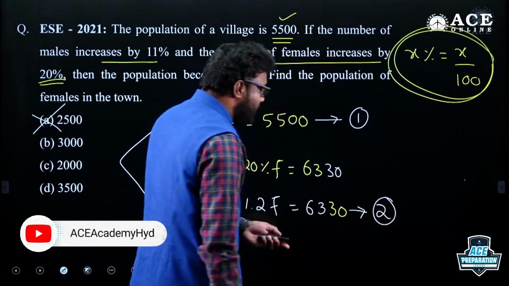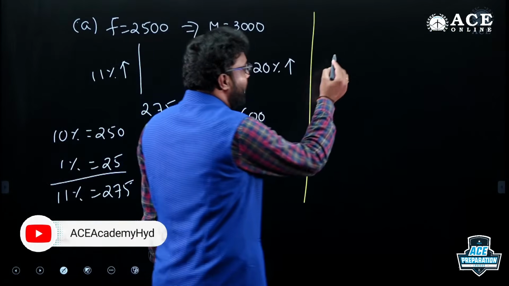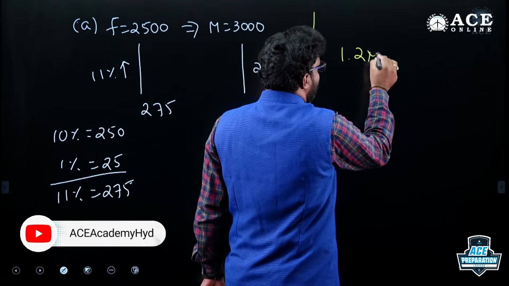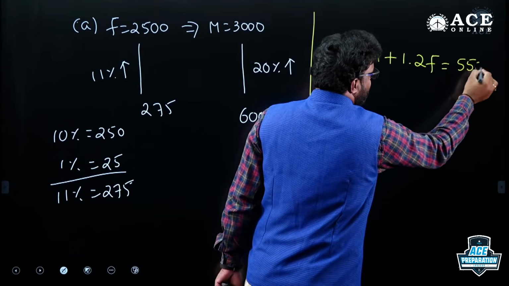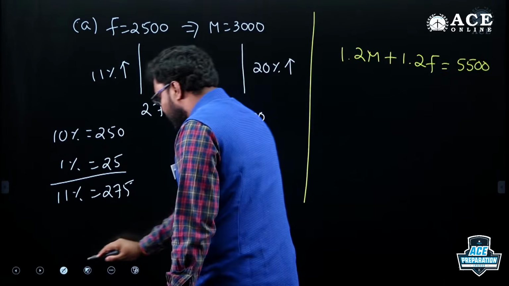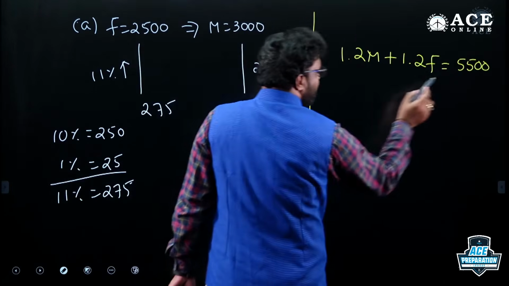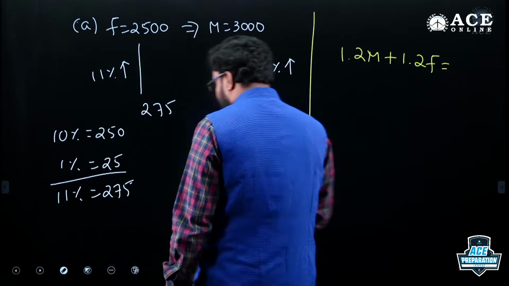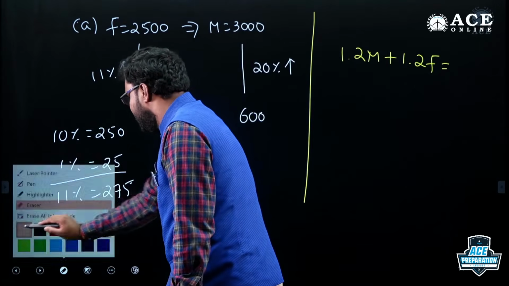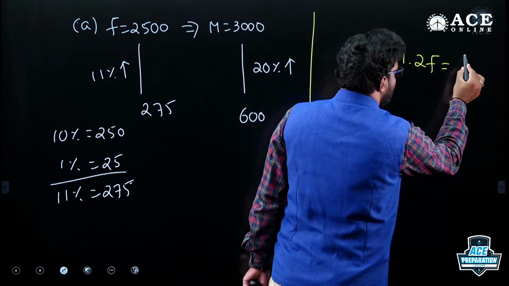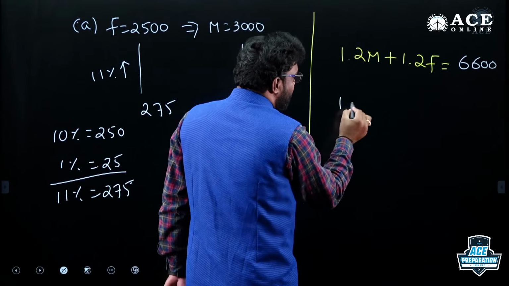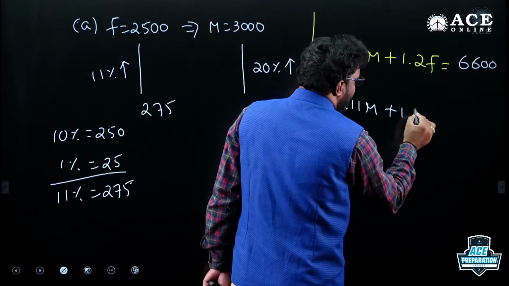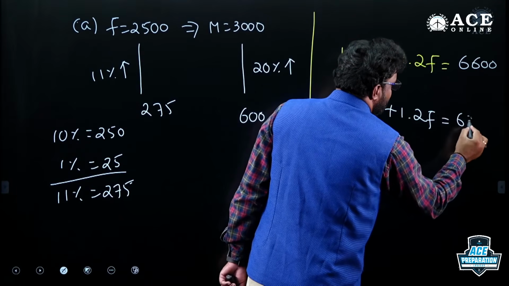Okay, so you can just see how to do equation solving. If you do 1.2 multiplication, 1.2m plus 1.2 times female is nothing but 5500 times 1.2, which is 6600. The other equation you already have is 1.1m plus 1.2f, which is 6330.